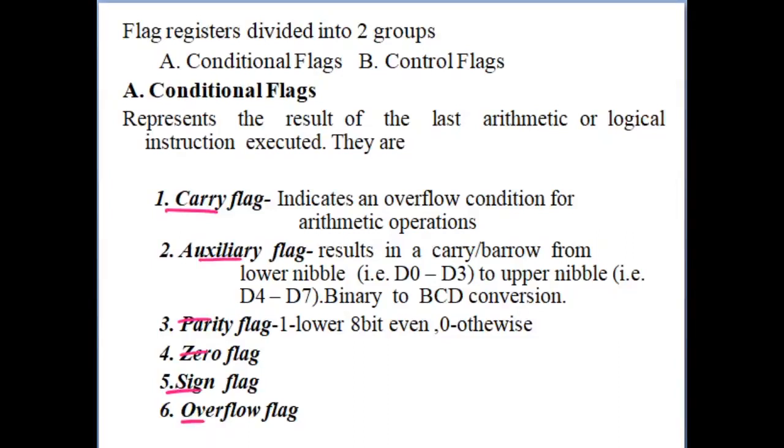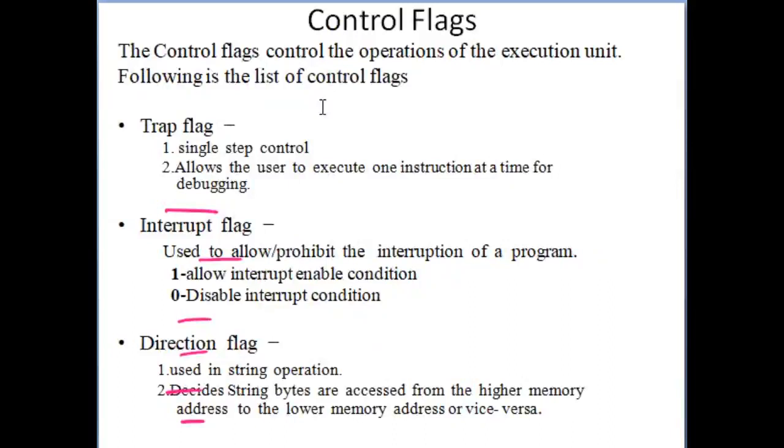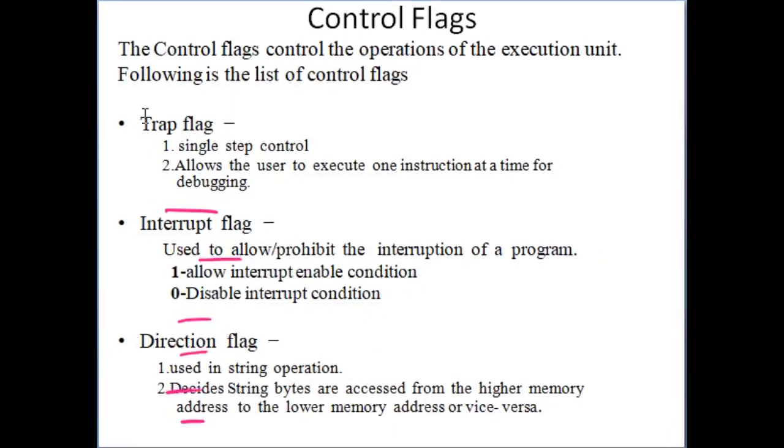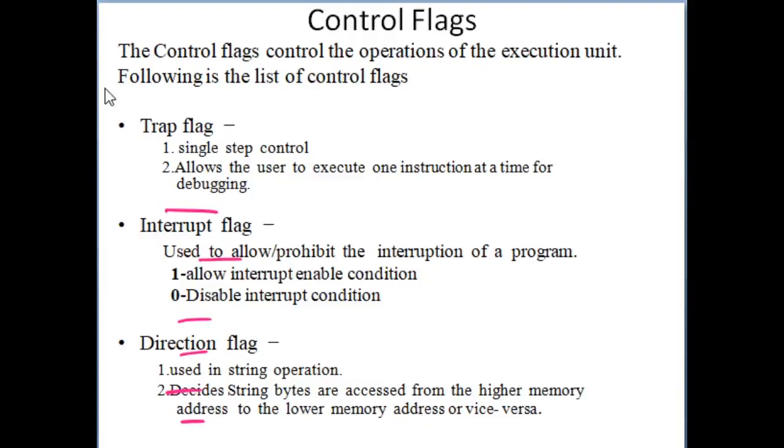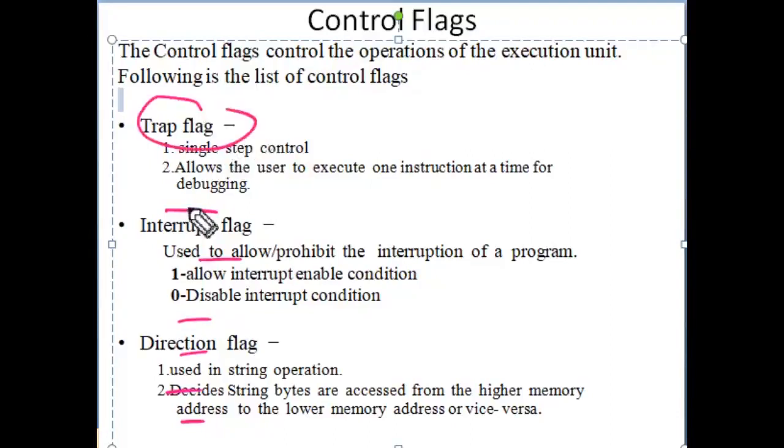Then the next part is your control flags. I already told them: trap, you can see here what the trap flag is. Next is your interrupt flag, then next is directional. Everything I discussed. So your control flags are finished.